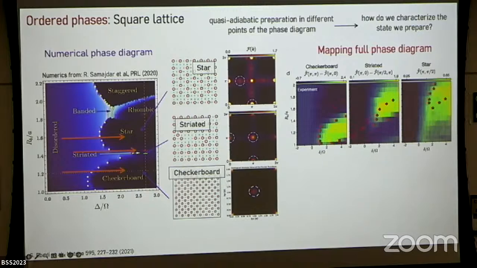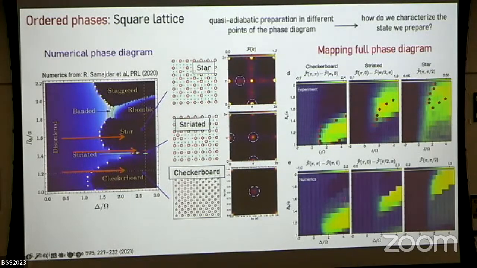So this is what we observe. You already see that this kind of looks like this. But we can do the exact same thing in the numerics, and you see that what we find in the two cases is quite similar. So we can say from this how well we are mapping that phase diagram that we know from the theory.